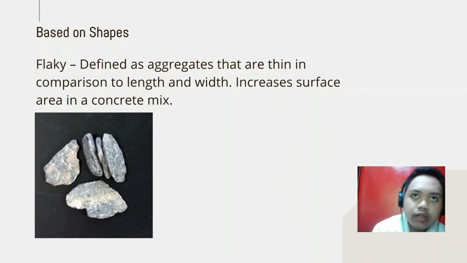So the advantage of this aggregate is, as said here, it increases the surface area. So mas marami pang malalagay na mga ganito klase ng aggregates sa concrete mixing compared sa angular, no? Pero yun nga, mas malaki yung nakukuha ng space.